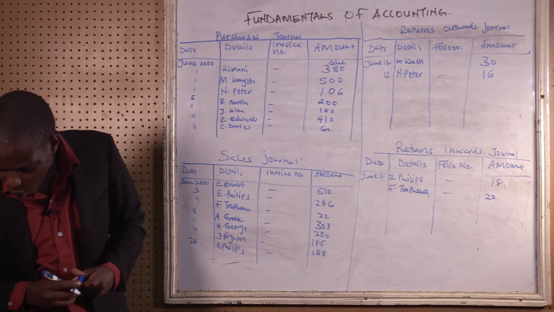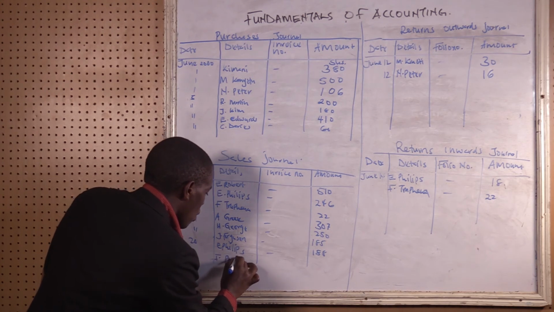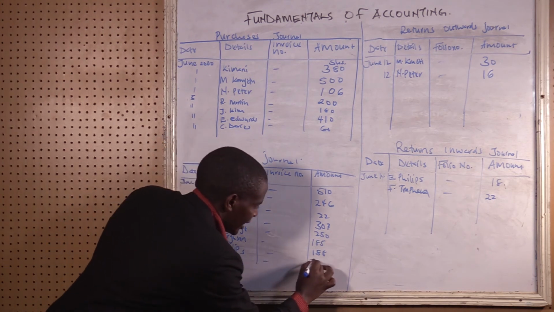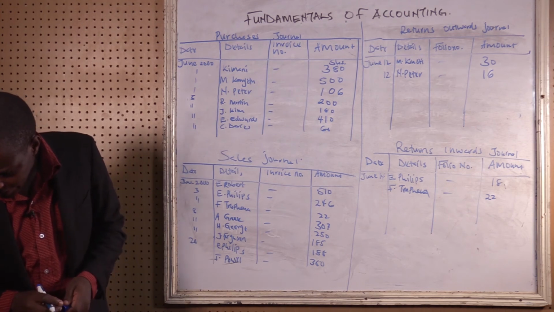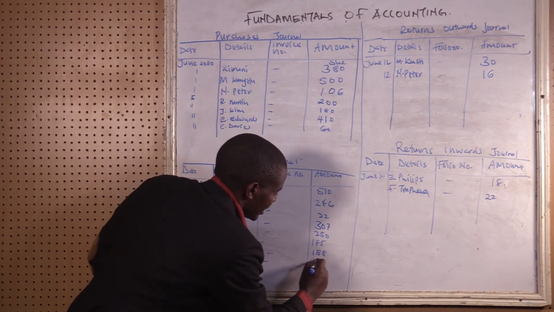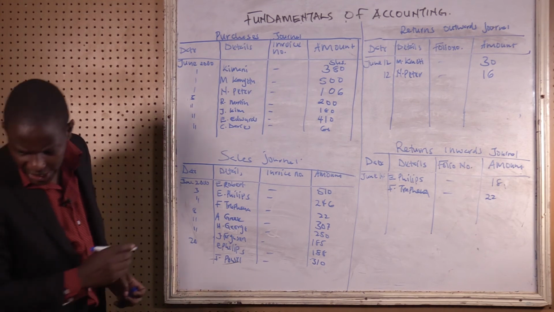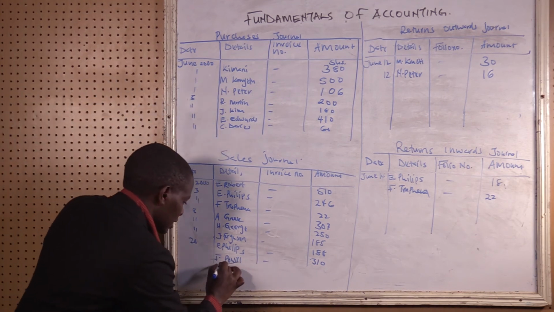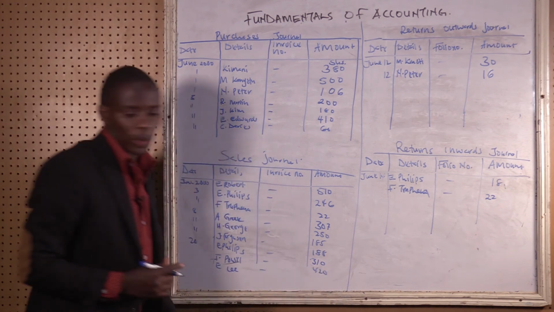And F. Powell, 310, not 380, 310. Then there was also E. Lee, shillings 420.